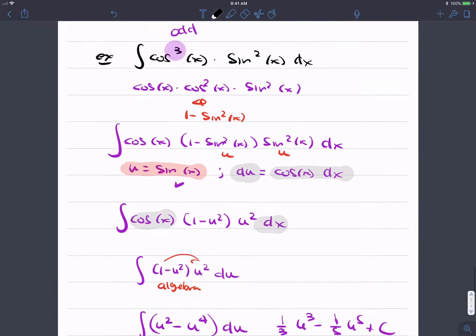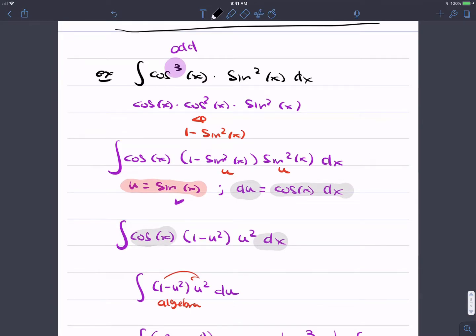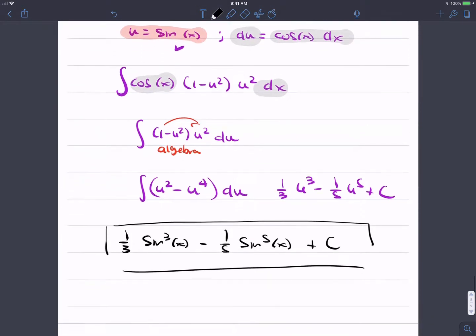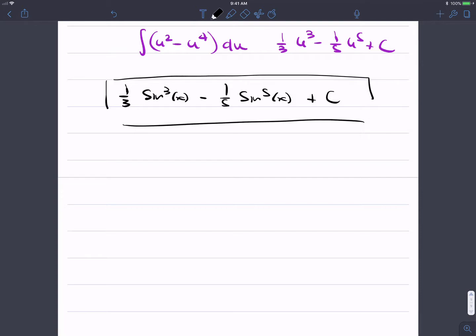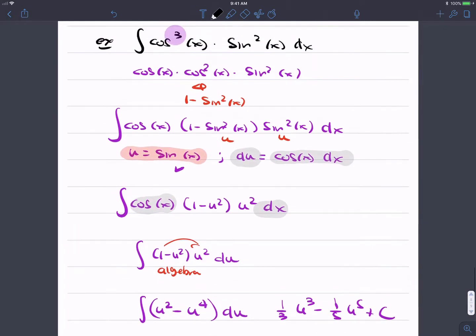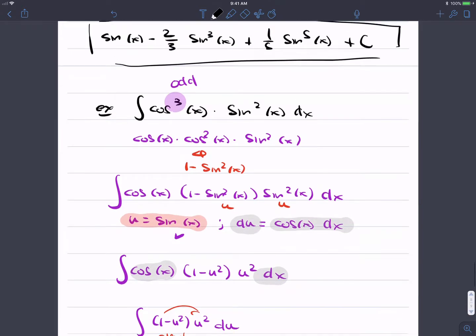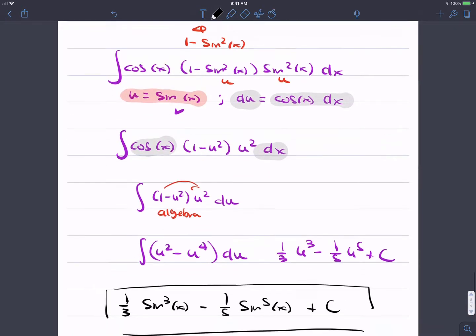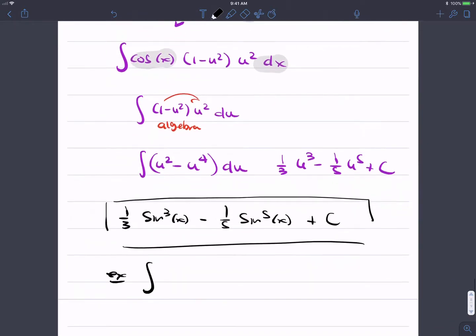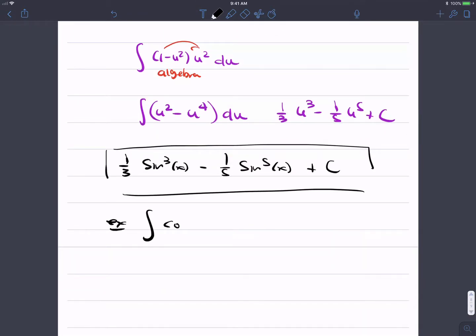Okay, let's take a look. We'll try one more here. We're going to integrate cosine times sine to the 6th power dx.